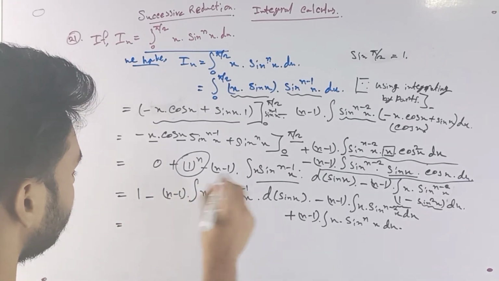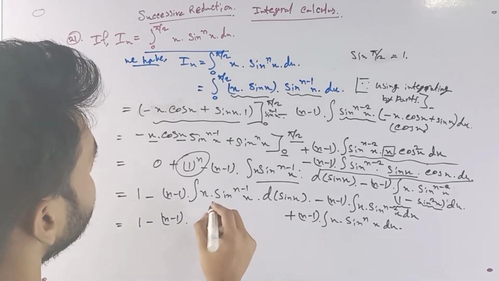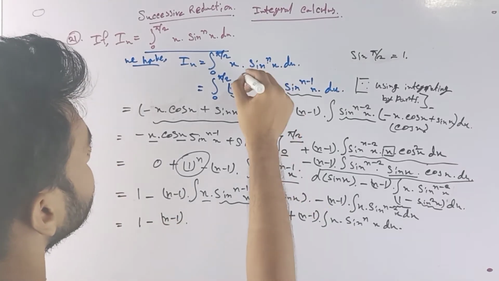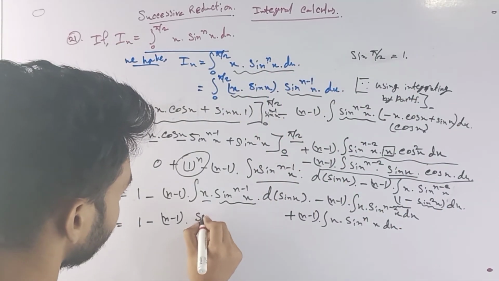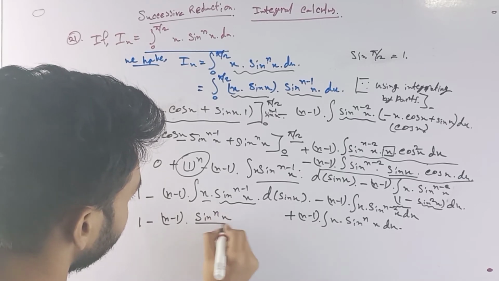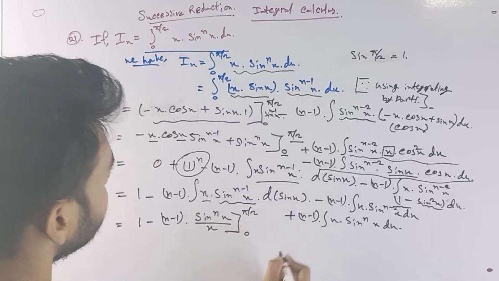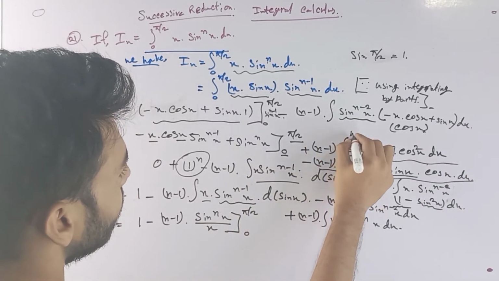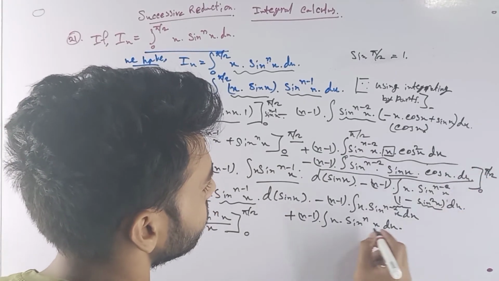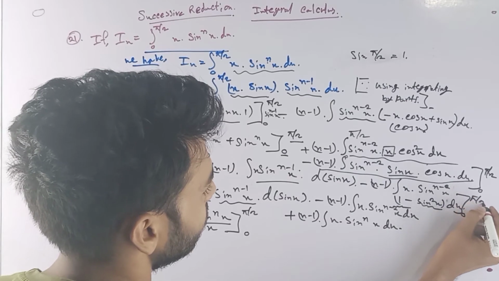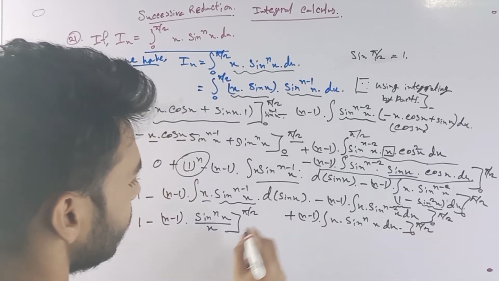And now that equals 1 minus n minus 1 of this integrating function of x. So therefore I write here as well sin to the power n x by n from 0 to pi by 2, as well this function is 0 to pi by 2, and this function is also 0 to pi by 2, and it's also 0 to pi by 2.